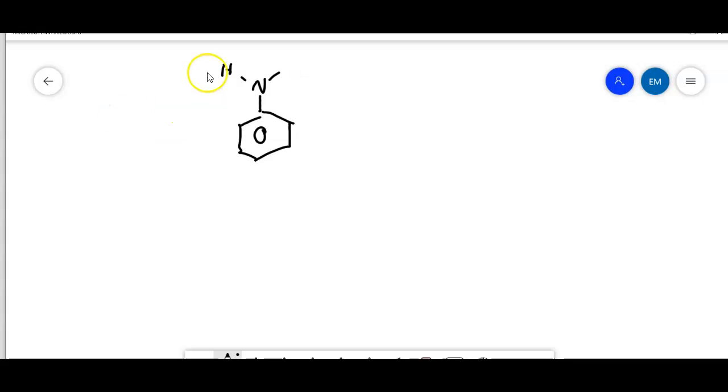When you have a case like aniline where you have an alkyl group attached to nitrogen, it's N-methyl aniline. Notice they don't talk about putting the methyl group on the ring, because you have toluene, which is a methyl group attached to the benzene ring, and aniline with an amino group, and phenol.